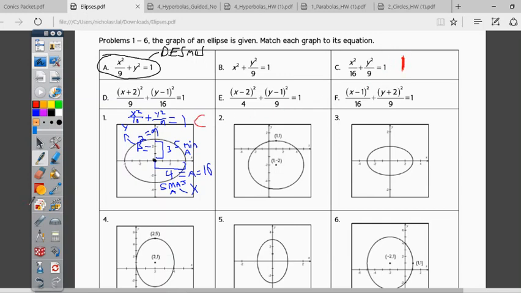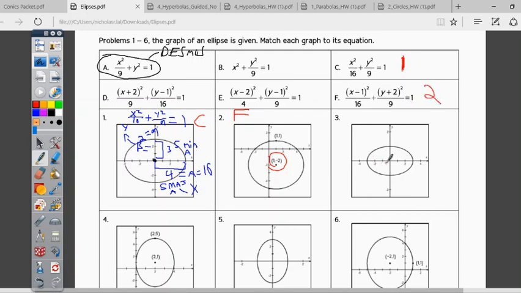Alright, for 2, I'm just going to start breaking this down. This will be x minus 1 squared, y plus 2 squared. The only one that matches this center is F, so 2 is associated with F, and F is associated with 2.